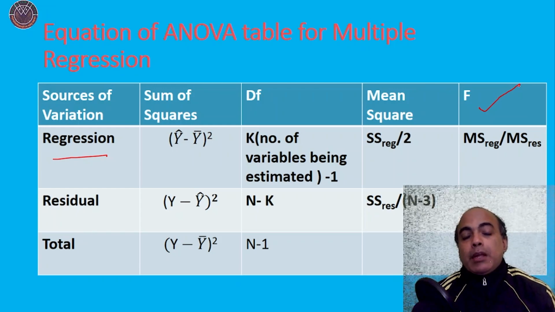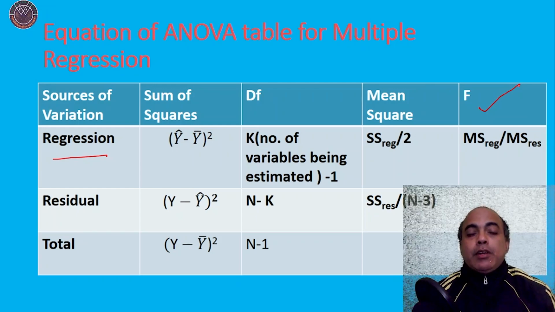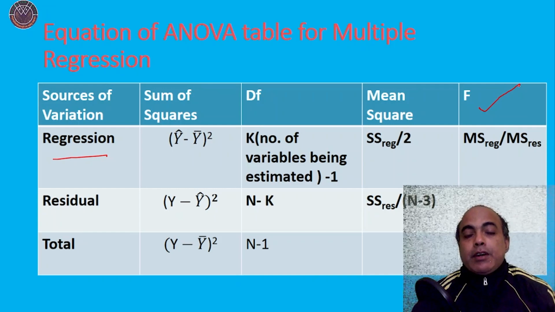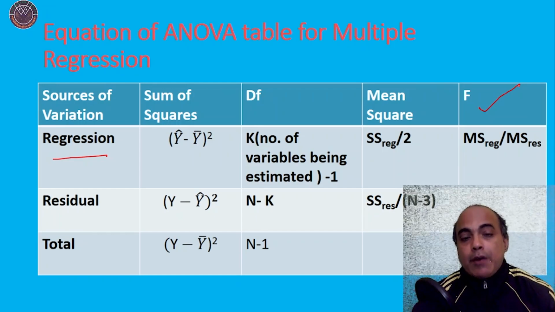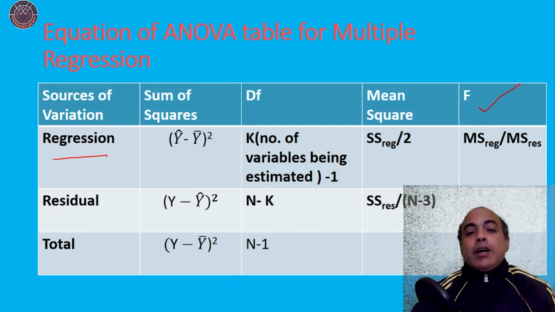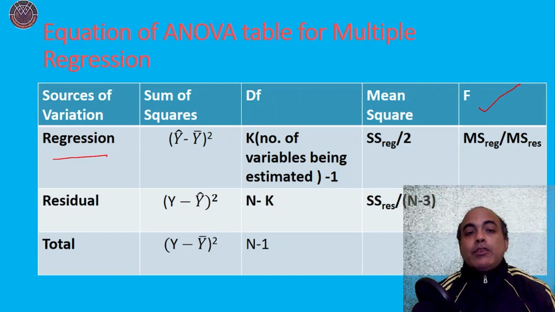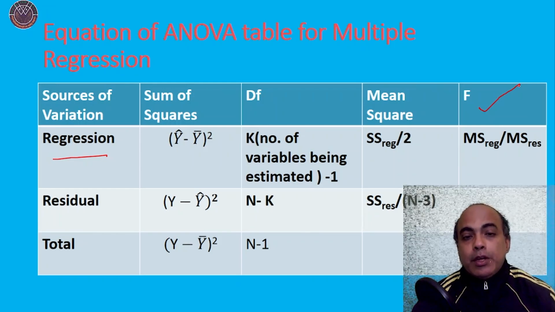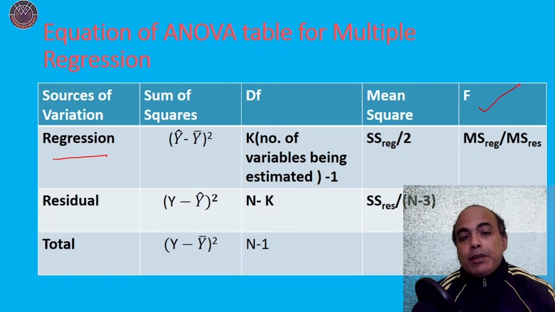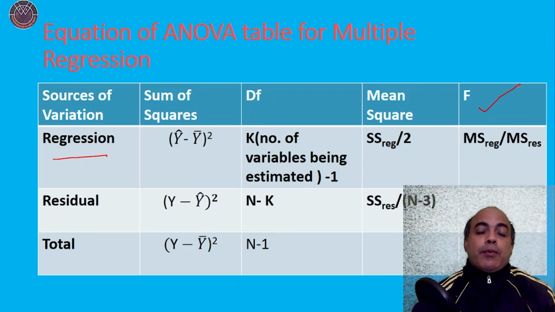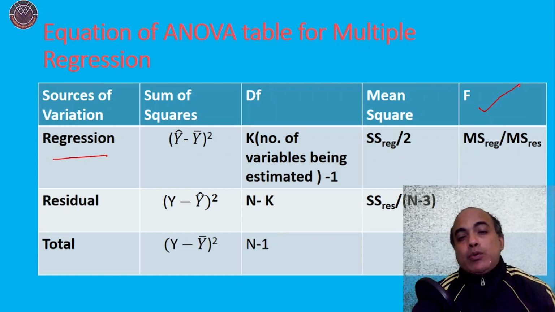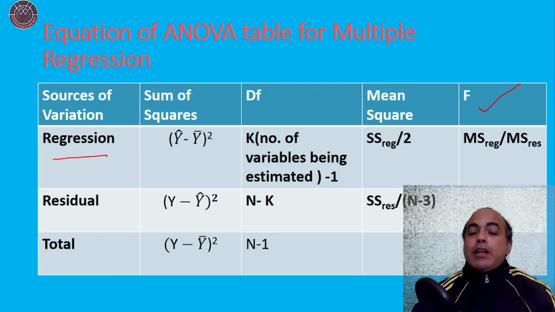In our multiple regression example we have estimated three values: beta 0, the constant or intercept term, beta 1, the regression coefficient of variable x1, and beta 2, the regression coefficient of variable x2.